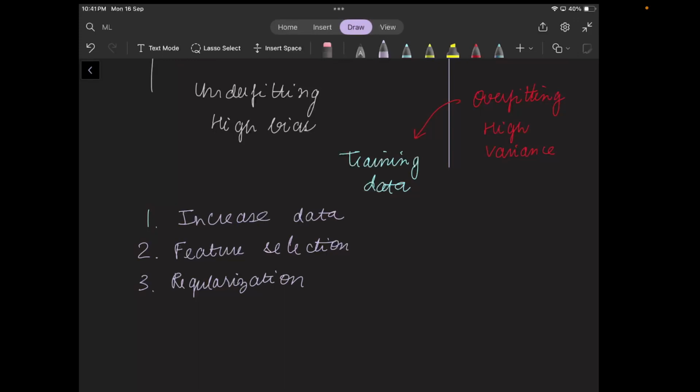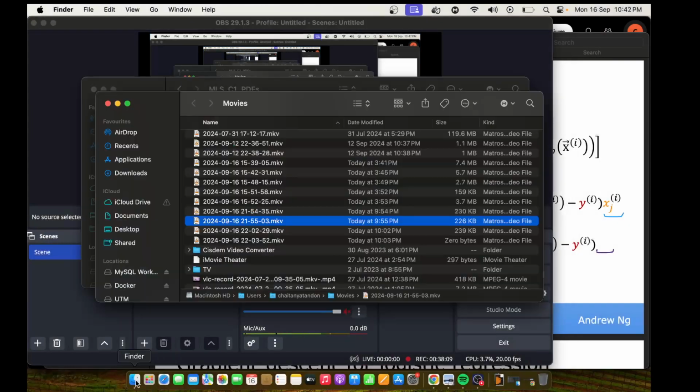Now it could be that you have a lot of features, let's say 10 or 20 features, but you only have a few thousand example training data points. So in that case, increasing the data could help you. And how do we actually diagnose what to do in case of overfitting or underfitting? We would maybe come to that later, but I could show you an example of overfitting.